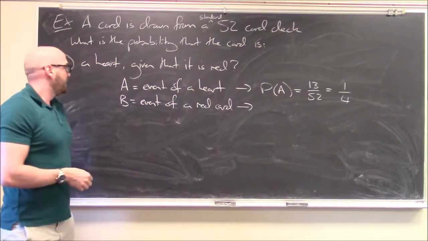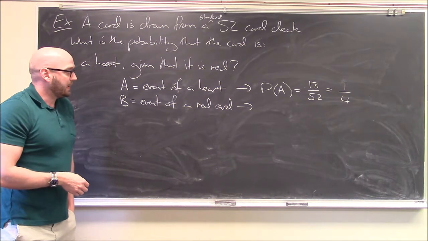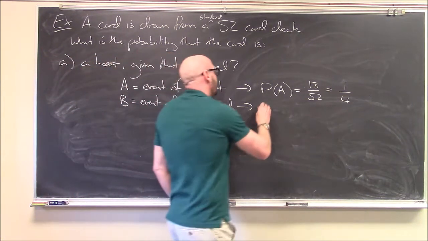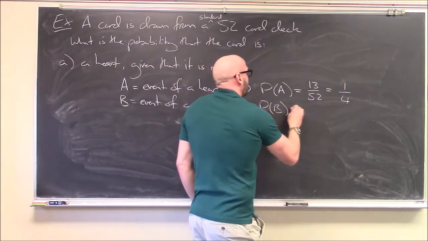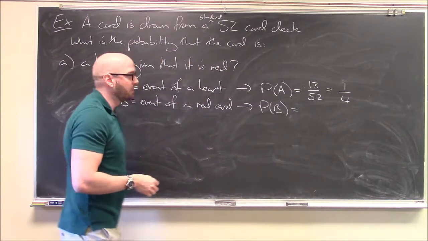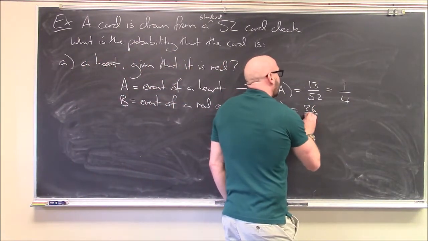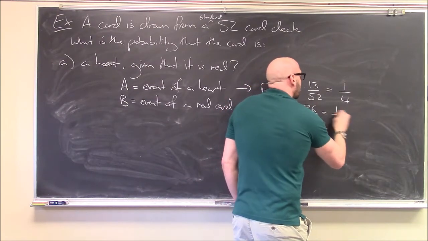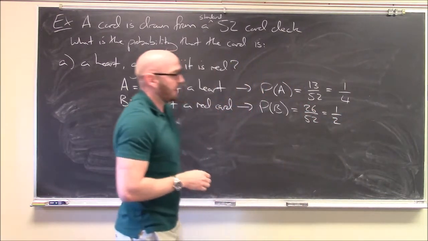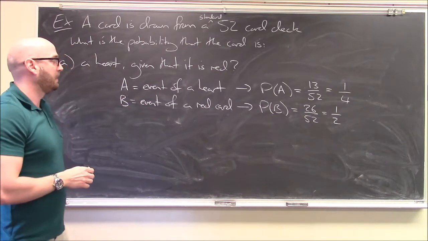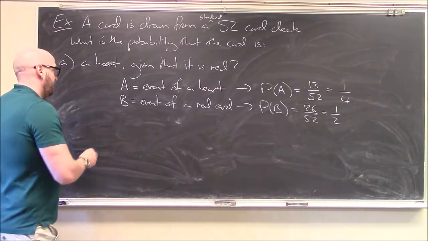And the probability of drawing a red card, the probability of B, well, half of the deck is red cards, so that's 26 cards over 52. Or again, more intuitively, because half of the deck is red, that simplifies to 1/2.